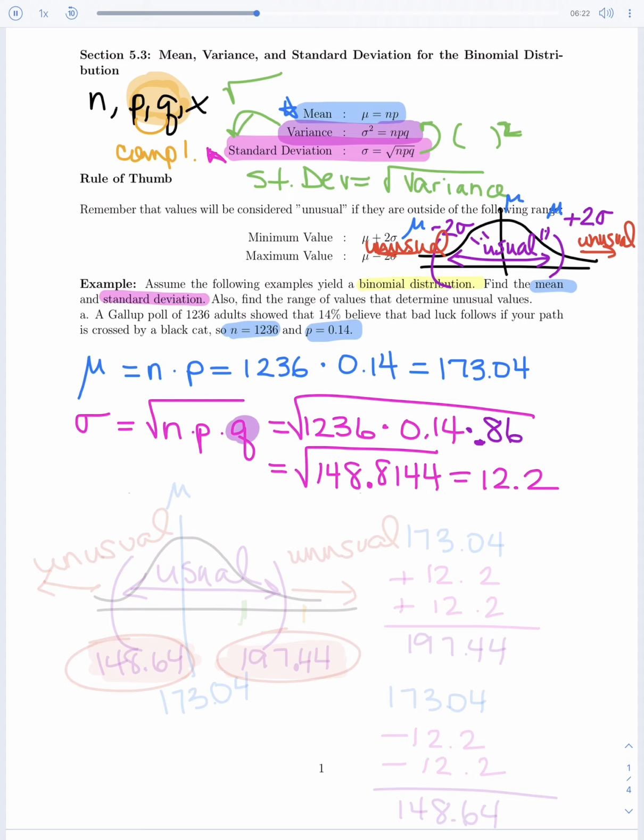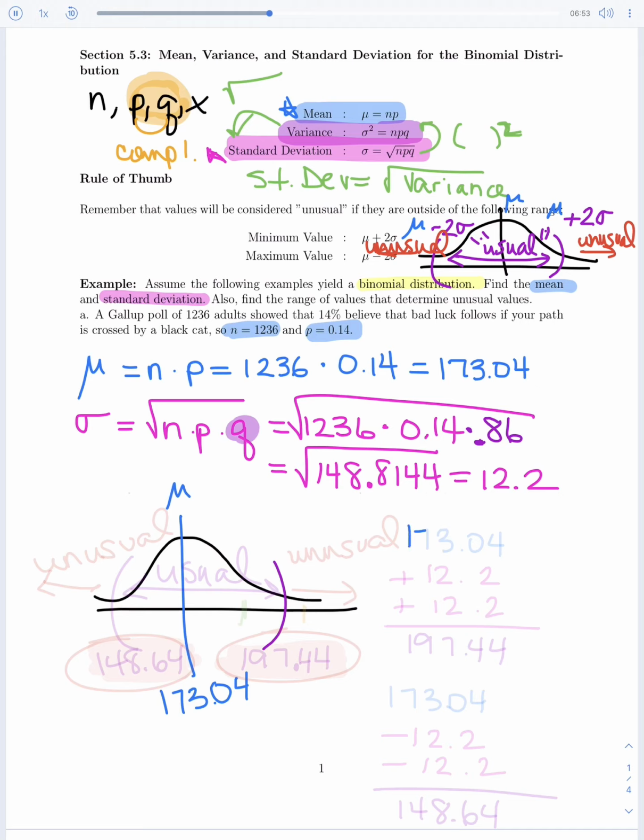Now let's go ahead and draw our picture. So let's draw our bell curve that we've been dealing with off and on. And remember, what's going to go in the middle is our mean, mu, which is 173.04. Then to find our higher side, our maximum usual value, we will take that mean and add 2 standard deviations.